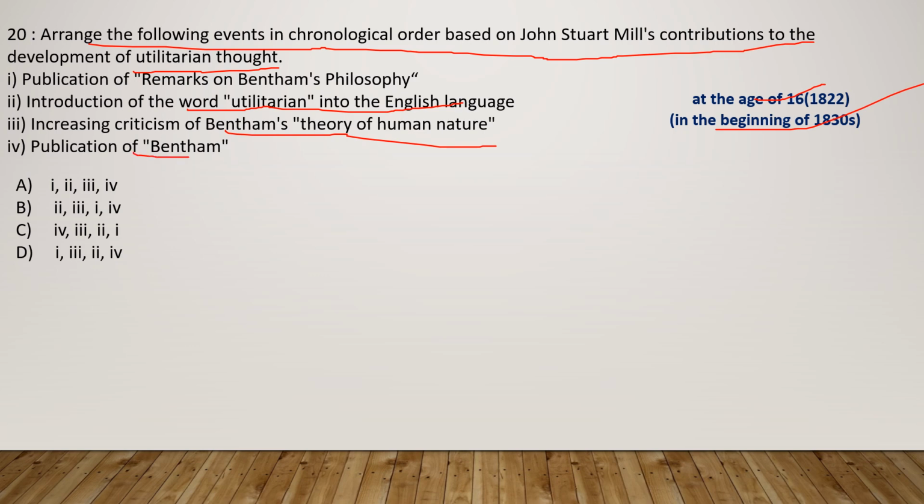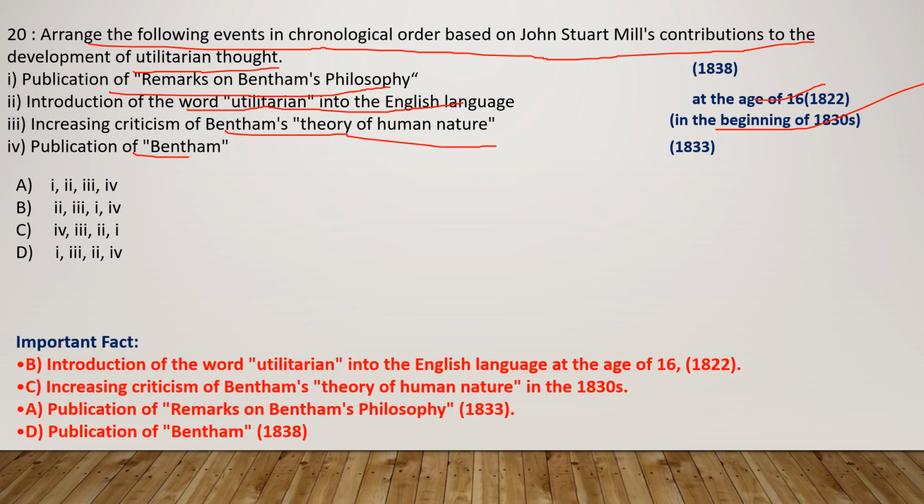Publication of Bentham in 1833. Then publication of Remarks on Bentham's Philosophy in 1838. So the correct sequence is 2, then 3, then 1 and 4. And the correct option is option B.